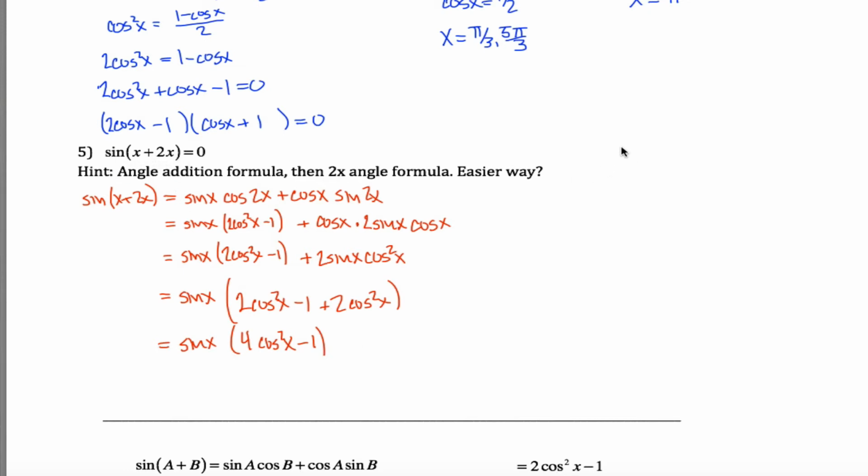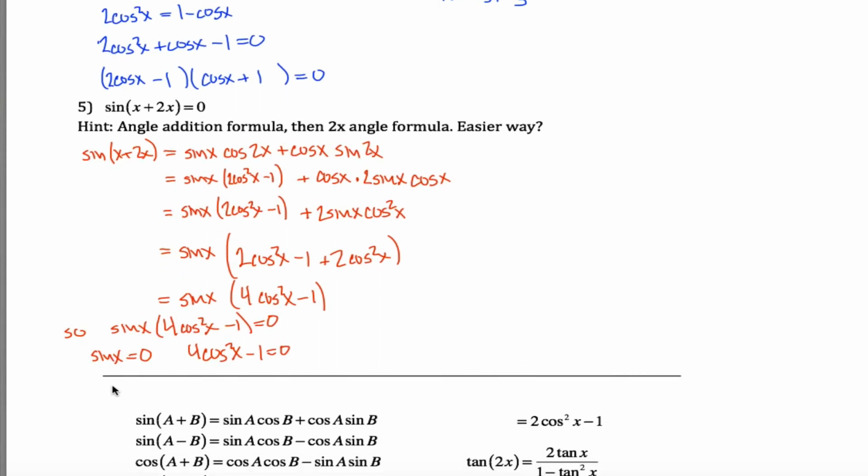So what I've just figured out is that the solutions to this equation happen when sine of x times 4 cosine squared x minus 1 equals 0. In other words, when sine of x equals 0, or when 4 cosine squared x minus 1 equals 0.